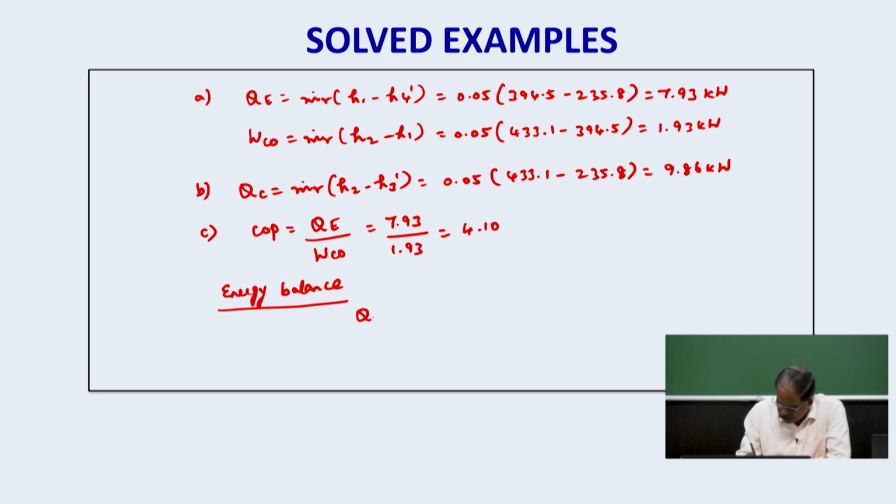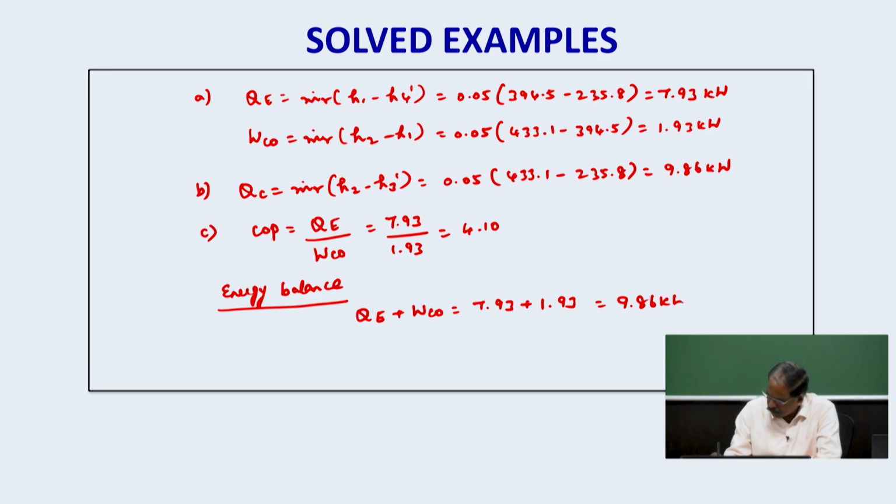QE plus W compressor is equal to 7.93 plus 1.93. This will be equal to 9.86 kilowatts, which is equal to the condenser load. So that's what we are getting. It's a perfect energy balance.